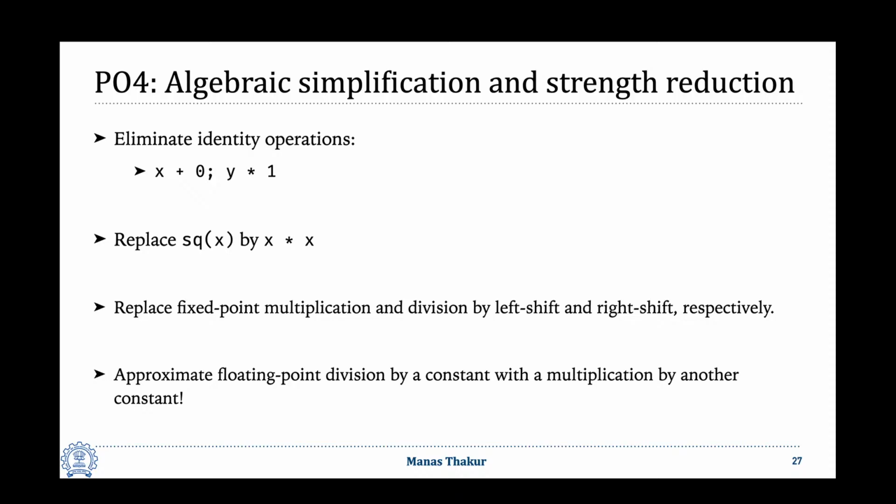This one is interesting. This is something many compilers do. If you have a floating point division by a constant, you can replace it with a multiplication by another constant. Can you give an example where this would be useful? Why do you think it would be an optimization?